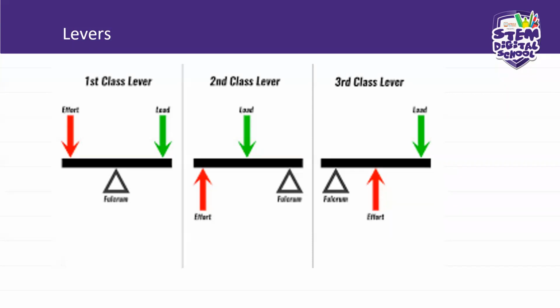It means, what do you find in the middle of your lever? You find the fulcrum. L, what do you find in the middle of second class levers? You find your load. E, same. You find effort in the middle. So that's how you remember your classes of levers.